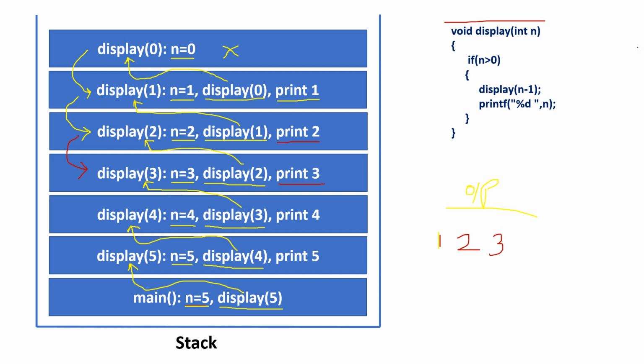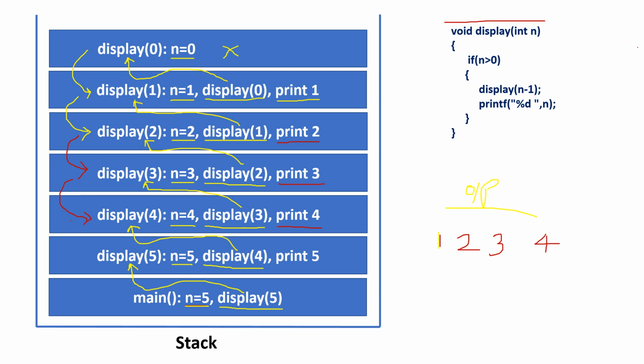Once this function is completed, it is removed from the stack, and the control returns to its caller. Who is the caller for display of 3? That is display of 4. Similarly, once this function is completed, what are the remaining statements in display of 4? That is print 4.